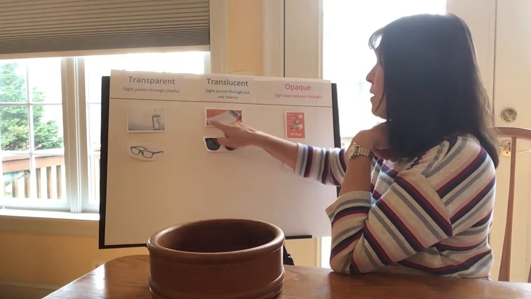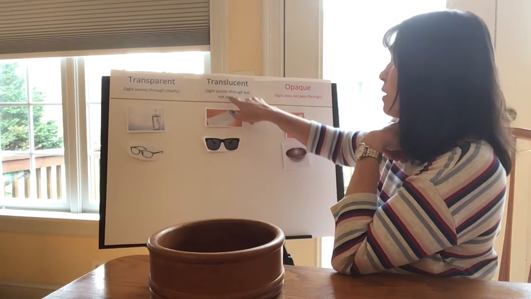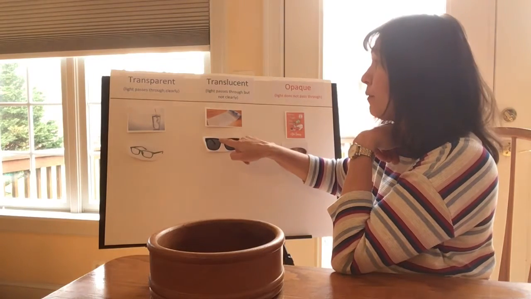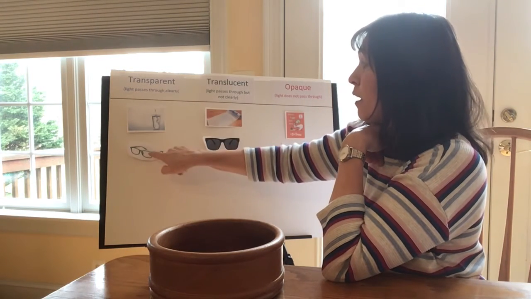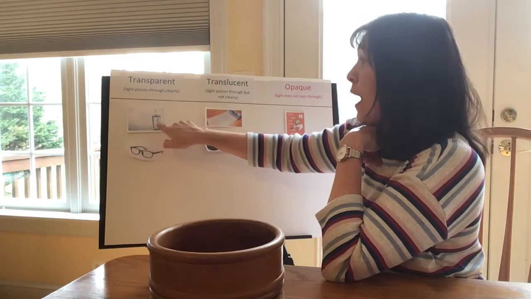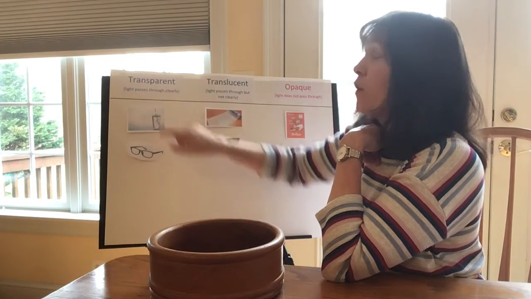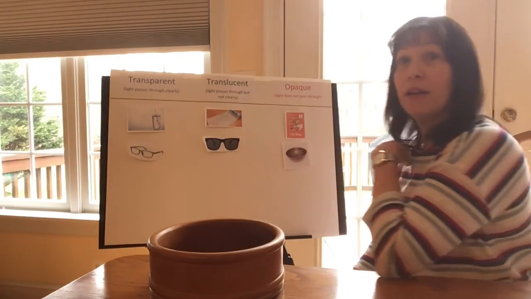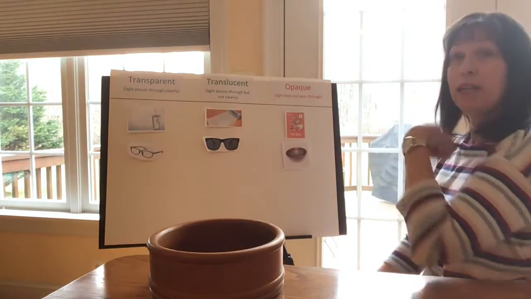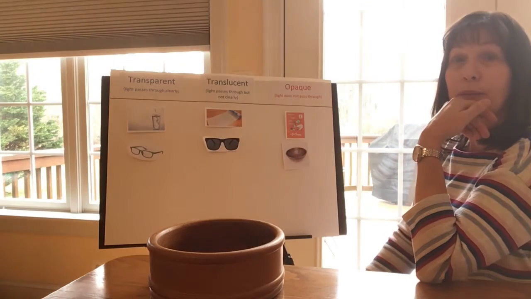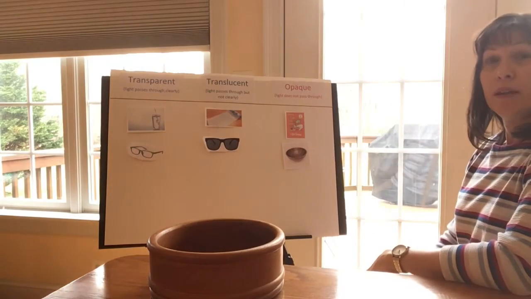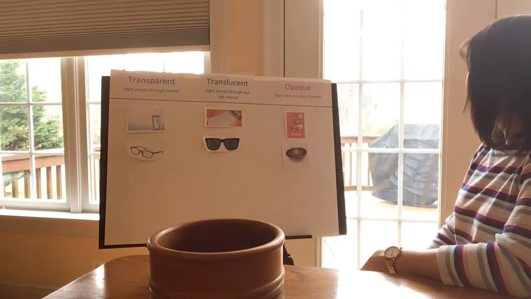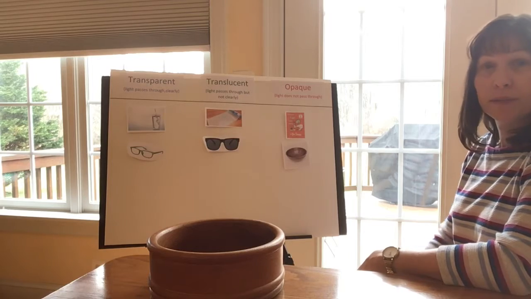The sunglasses and the wax paper are both translucent. Remember, light passes through it, but not clearly. Transparent: water and this glass are transparent. Light passes through it clearly. Right behind me is a door and windows that you can see. My window is a little bit dirty, but it is clear glass and you can see through it.